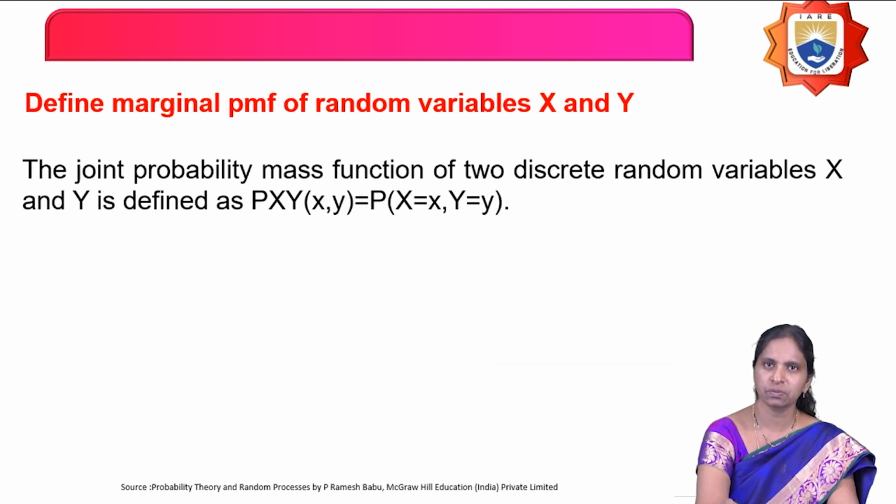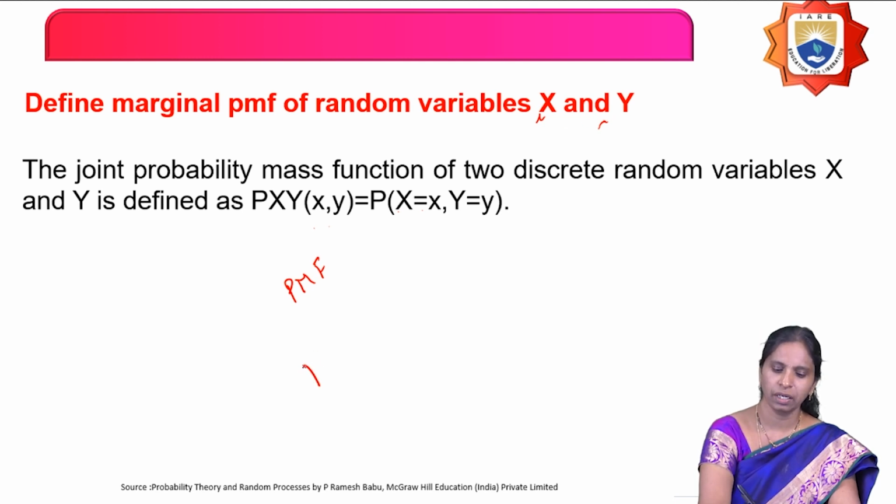And the next definition is: define the marginal probability mass function of random variables X and Y. The joint probability mass function of two discrete random variables X and Y is p_XY(x, y) equals P(X = x, Y = y). Here PMF means probability mass function. So how do you denote the probability mass function for two random variables X and Y?